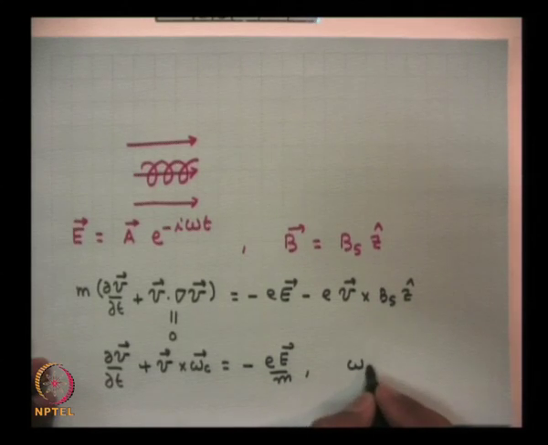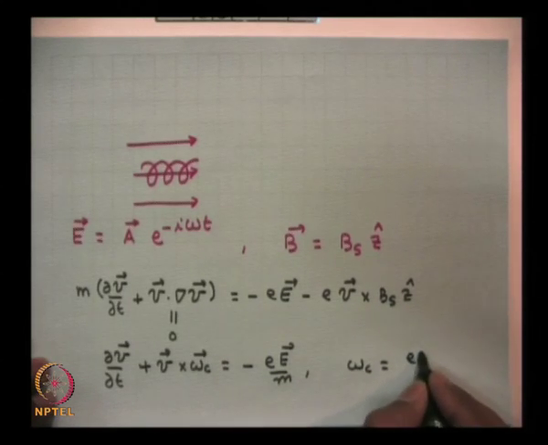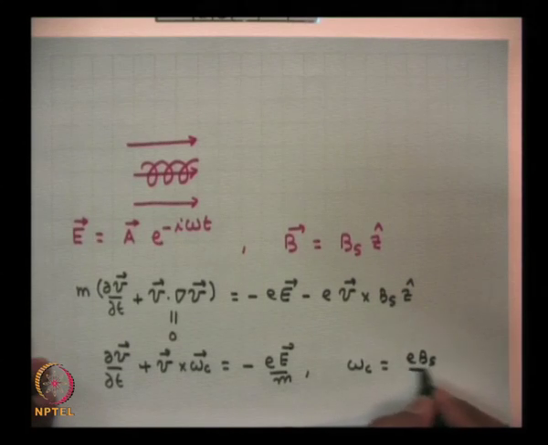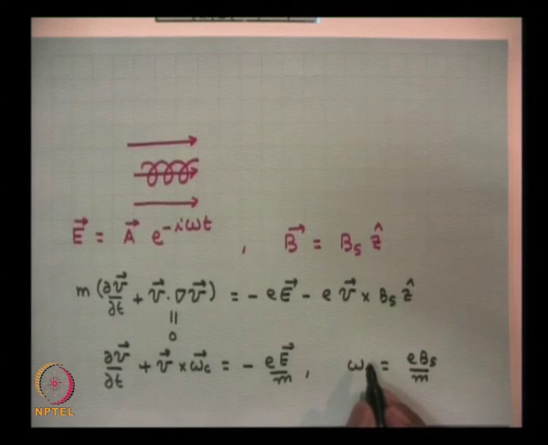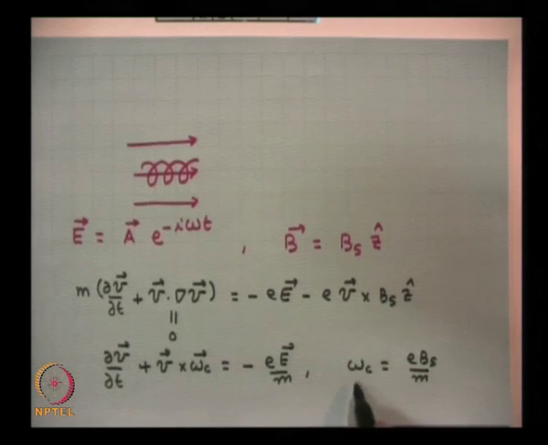Please remember, omega c I am defining as E Bs upon m. The same omega c was appearing in the equation of motion in a pure electric magnetic field, and this is known as the electron cyclotron frequency, because the electron rotates with this frequency around the line of force.